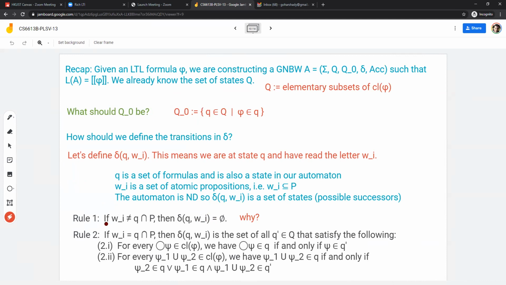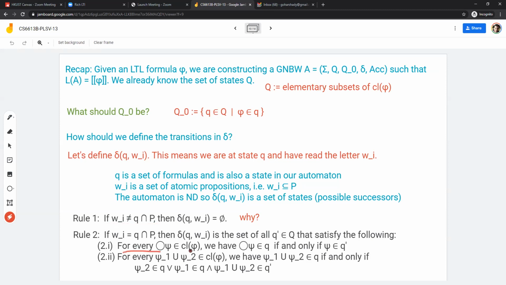Whenever you want to go out of the current state, say Q, and the letter that you have read is wi, then wi should satisfy all of the atomic propositions that you have in Q. So if at the state I knew that I should satisfy B right now, then the letter that I read should have B in it. Otherwise, I can't move anywhere, and I'll get a finite path and get rejected. Okay, so this was this rule.